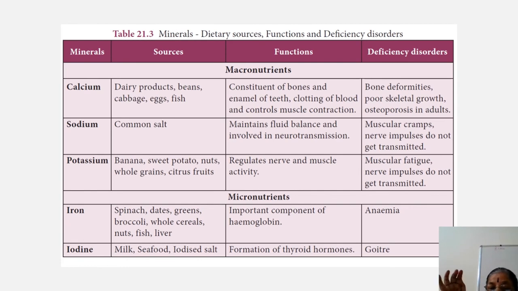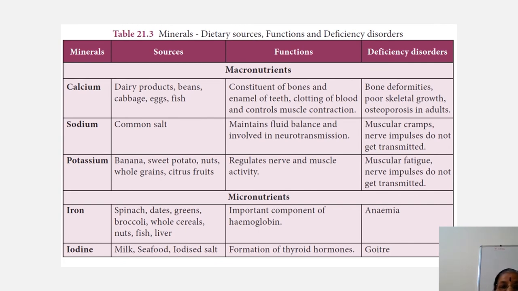Otherwise people will be suffering from nervous disorders. Due to deficiency, there is muscular cramp, and nerve impulses do not get transmitted. We said about leg cramps, muscular cramps.